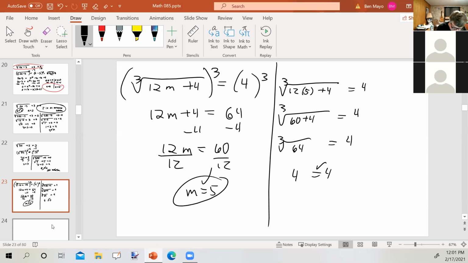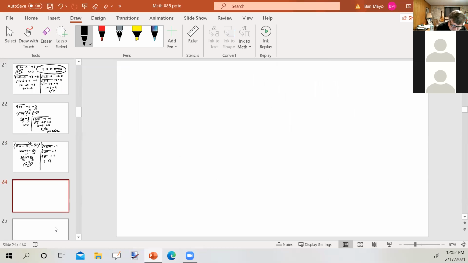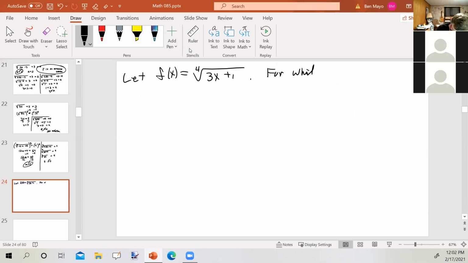How about this one? It says let f of x equal the fourth root of the quantity 3x plus 1. And then it says for what value or values of x is f of x equal to 4.